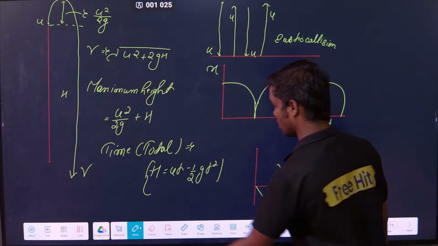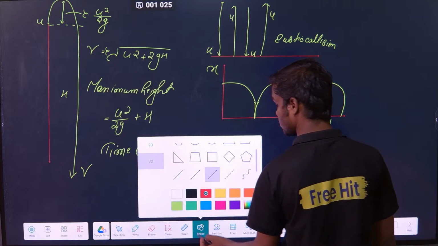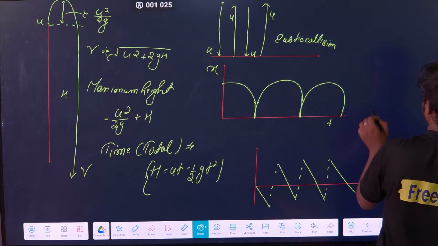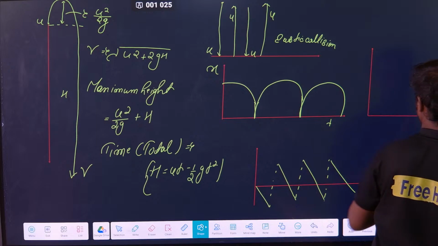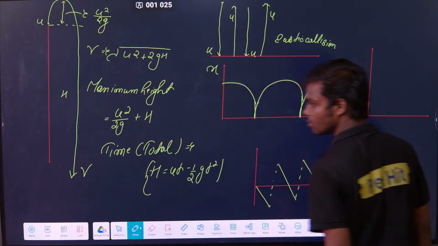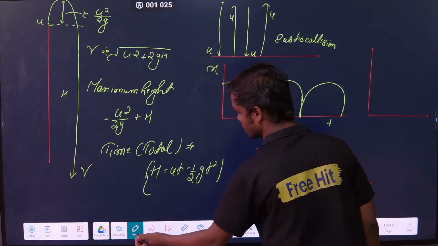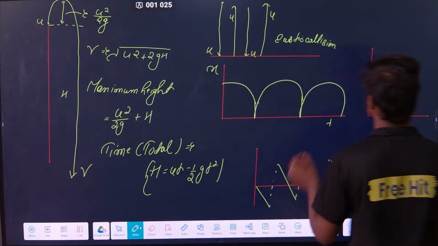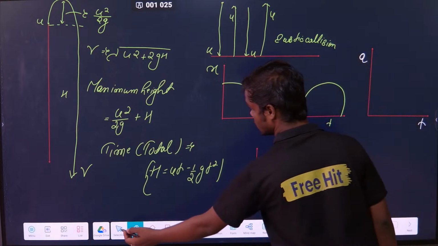And the last graph is the acceleration versus time graph. In all the cases, what is the acceleration? The acceleration is again minus g only. The acceleration direction is not changing.